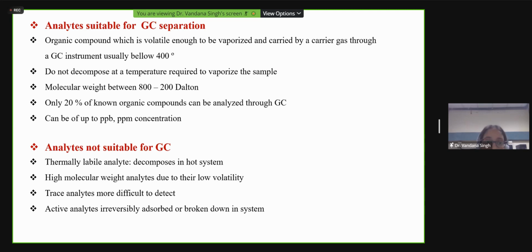This is the GC instrument, how a GC instrument looks in a normal lab setup. This is the sample loading tray.